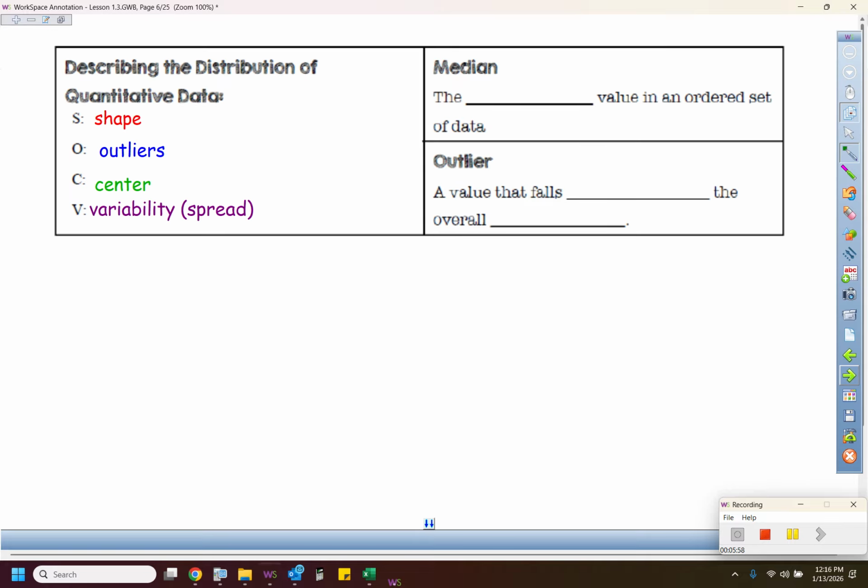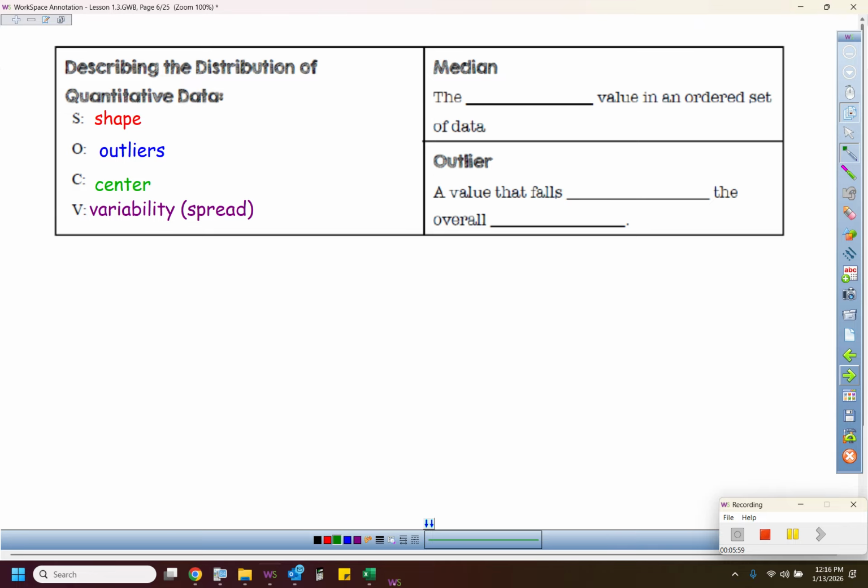So let's do problems. First, let's learn what SOCV is. SOCV is how we describe the distribution, just like an acronym. S stands for the shape. That's what we were just doing: fairly symmetric, skewed right, skewed left. O stands for outliers.